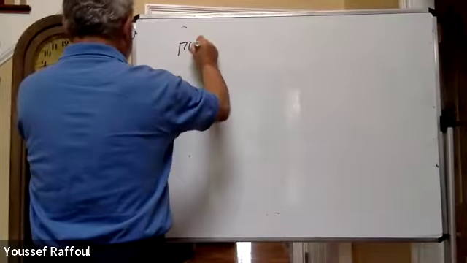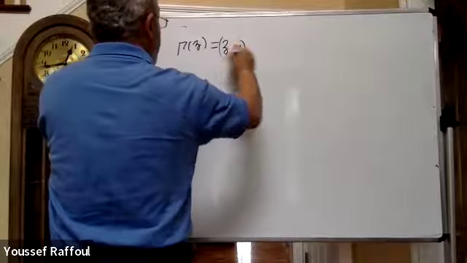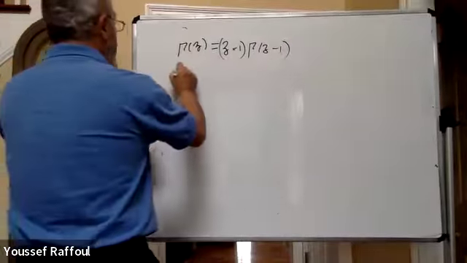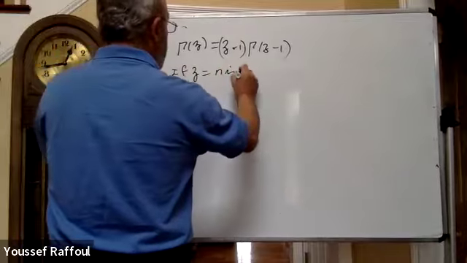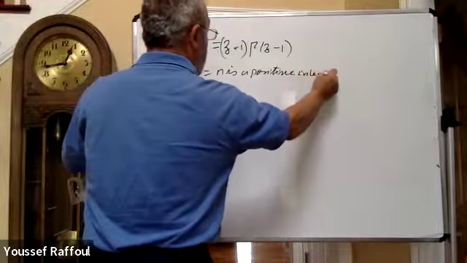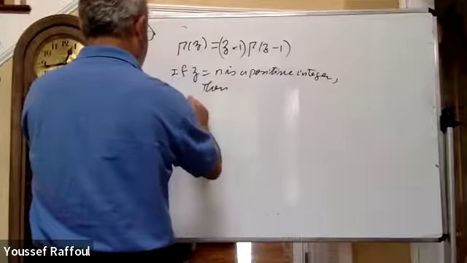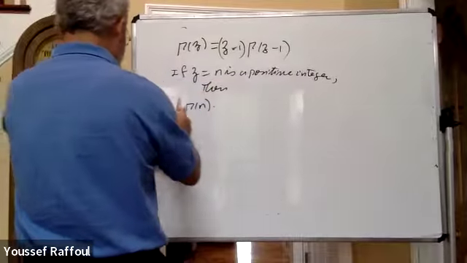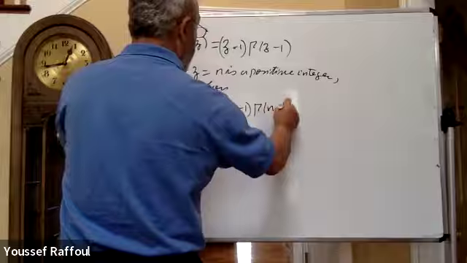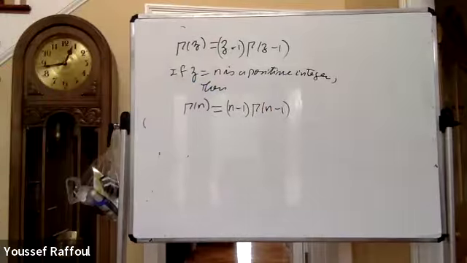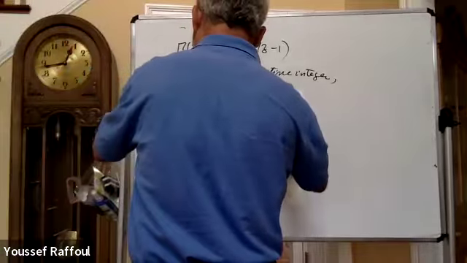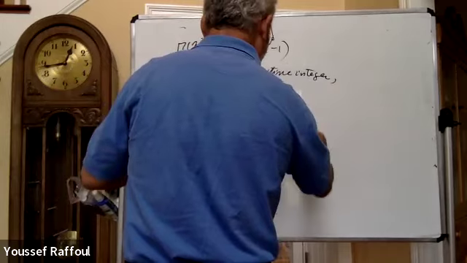So we showed that gamma of z equals z minus 1 times gamma of z minus 1. So if z equals n, a positive integer, then gamma of n is n minus 1 times gamma of n minus 1, and then gamma of n minus 2, and if you go all the way, this is going to be n minus 1 factorial.